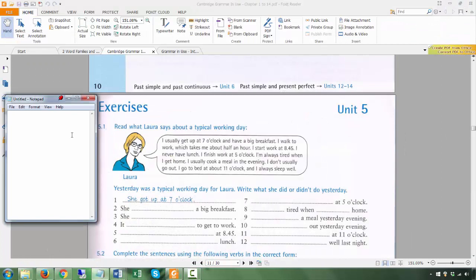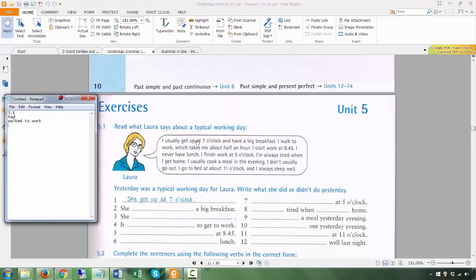Okay, 5.1, she is just taking all this and putting in a past simple. So have becomes had. She had a big breakfast. She walked to work. It took me.